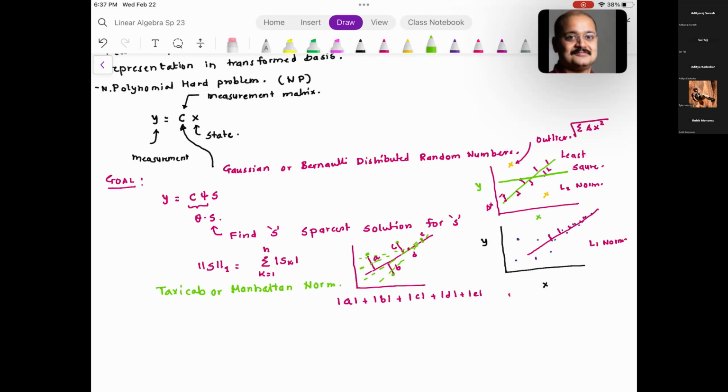What they will do is find the shortest path between those two points, and that path will be followed. That's why this norm is called the taxi cab norm. And this is given as S hat equals arg min over S of the L1 norm of S.